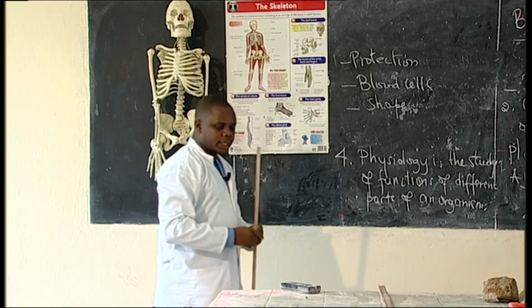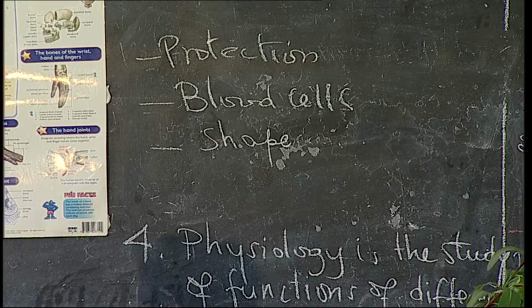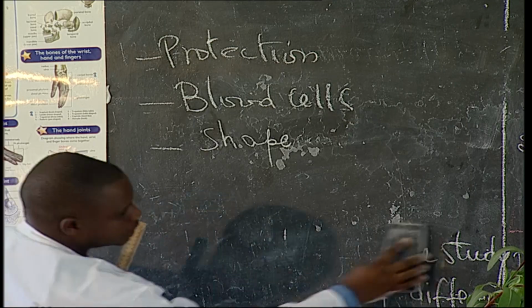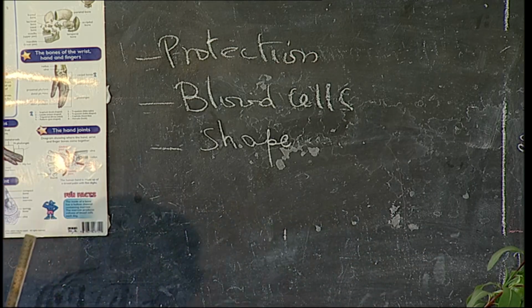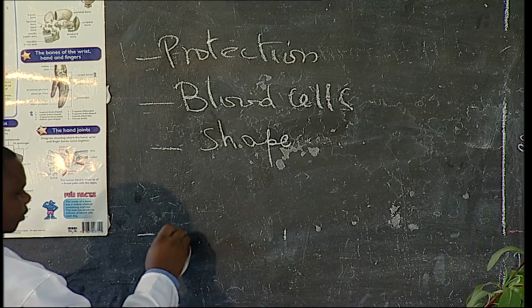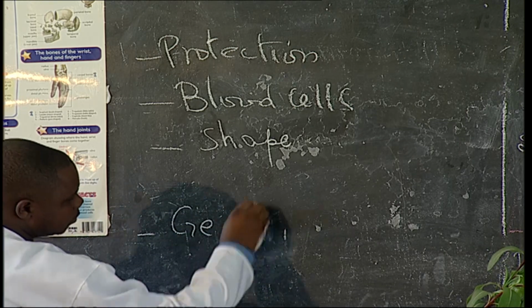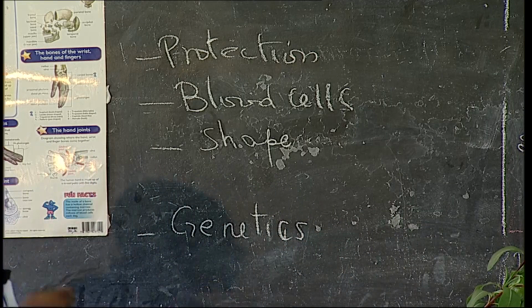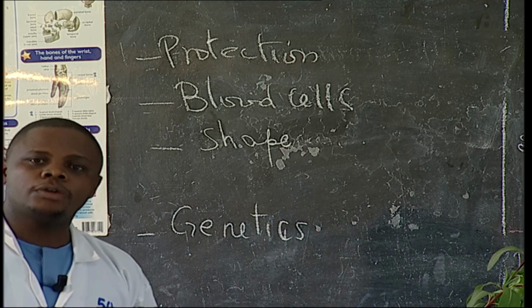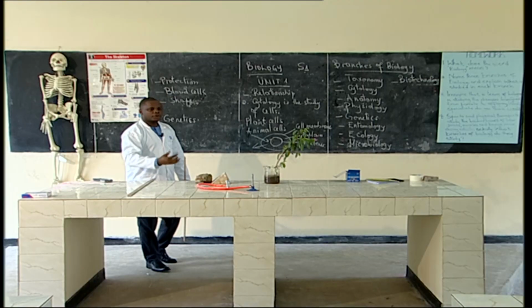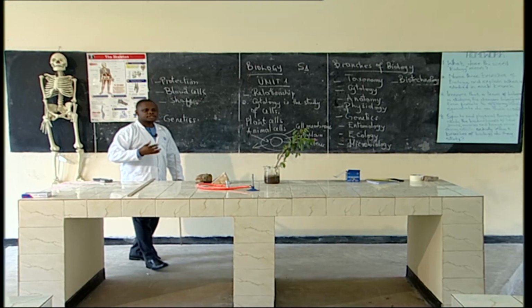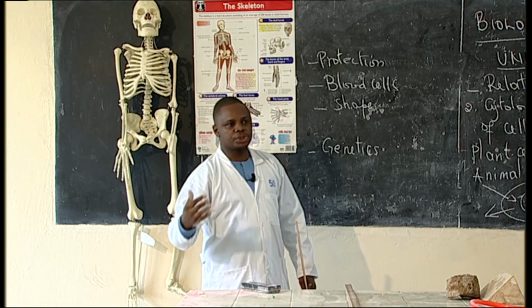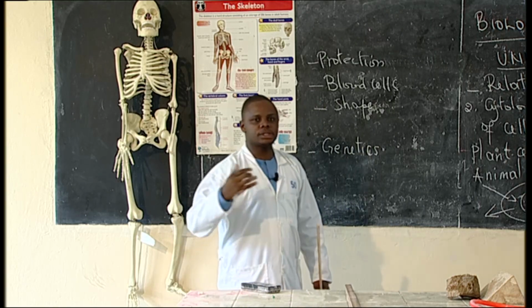Then another branch of biology is genetics. This one is the study of the transfer of characteristics from one generation to another, from parents to offspring.